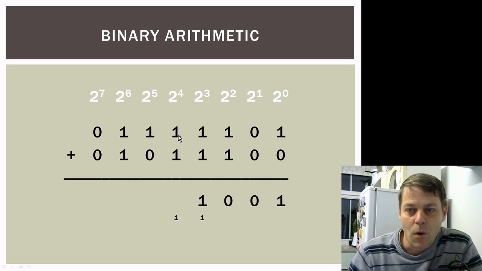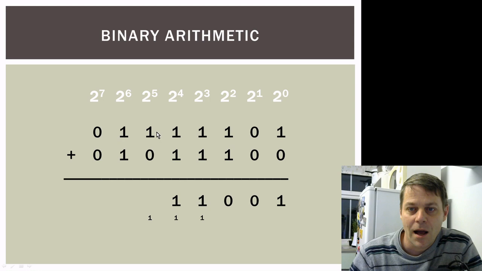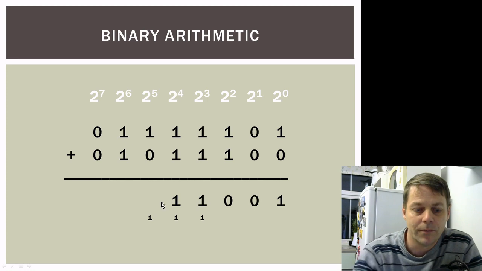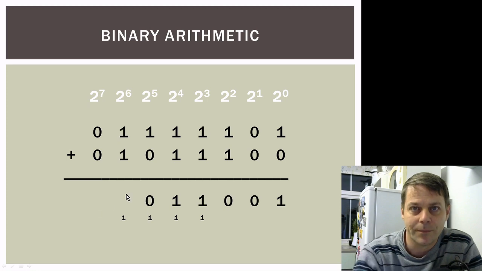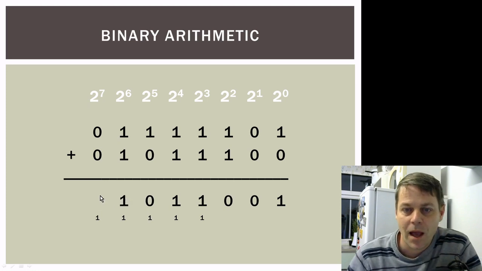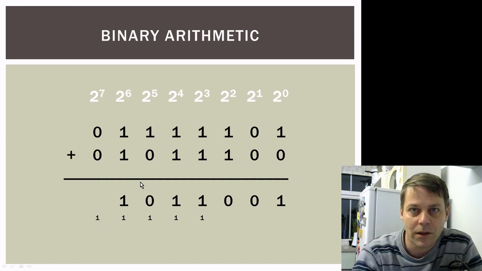Next time we have 1, 1 and 1. Again, that's 1, 1, 3. And then we have 1 and 1 and 0. So that's 0 carry 1. 1, 1 and 1 is 1 carry 1. And then finally 0 and 0, but we've got the 1 carried over, so that's just 1 in that column.